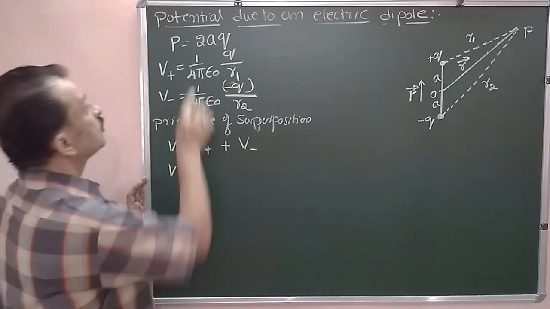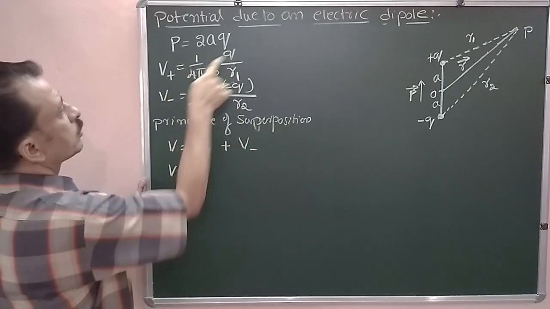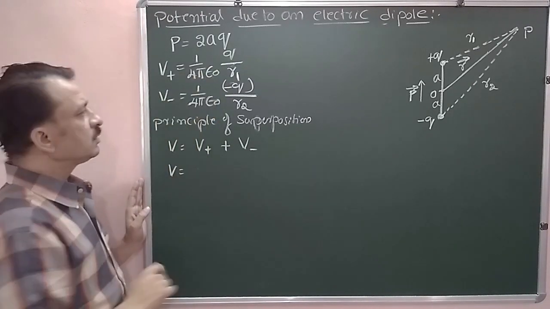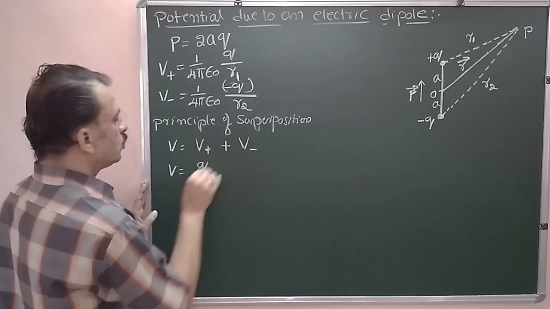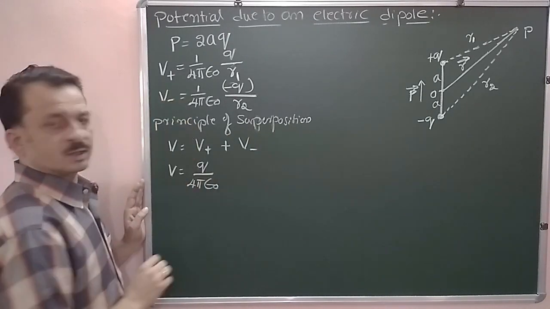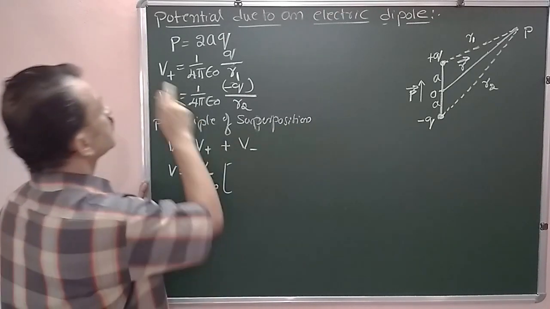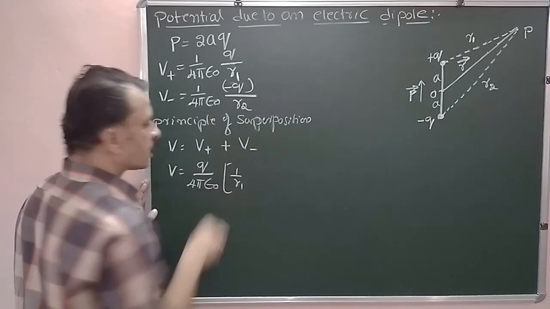Now substitute the values. Look here, Q divided by 4 pi epsilon naught is common in both cases. So Q divided by 4 pi epsilon naught is common in the two expressions. In the first expression, we are left with 1 by r1.